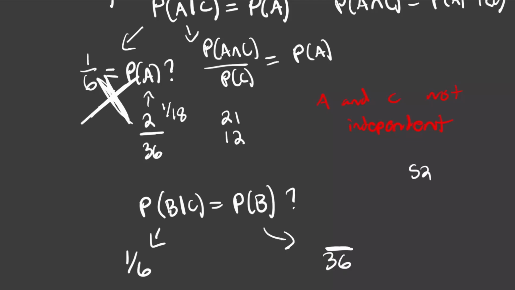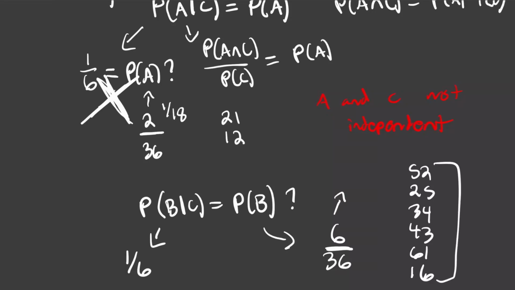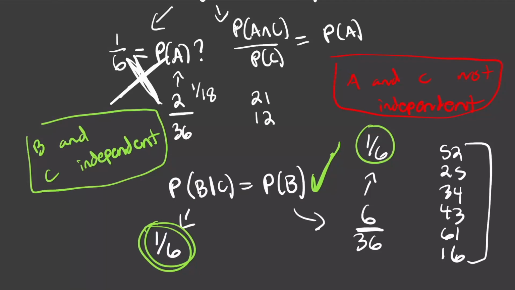Well, we have 5, 2, 2, 5, 3, 4, 4, 3, 6, 1, and 1, 6. So that's 6 ways. And then look at that, 6 on 36 is equal to 1/6, which is equal to the left-hand side of our equation. So are B and C independent? Yes, they are. So B and C are independent, but A and C are not.